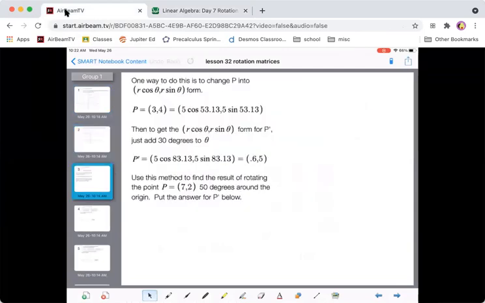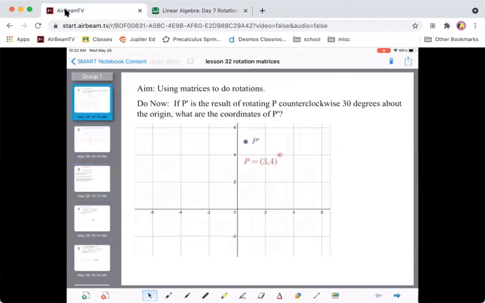So one insight that could help us is to write (3, 4) in trigonometric form. The point (3, 4), you might remember this from earlier on. If we do the square root of 3 squared plus 4 squared, we get 5, which is the r value.